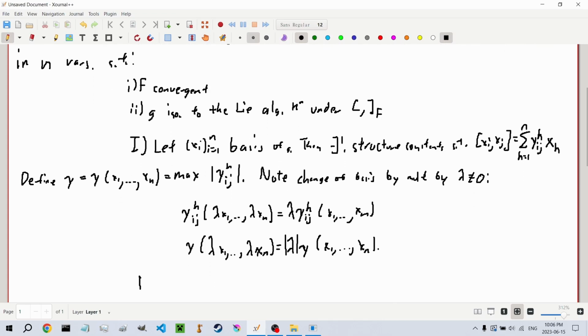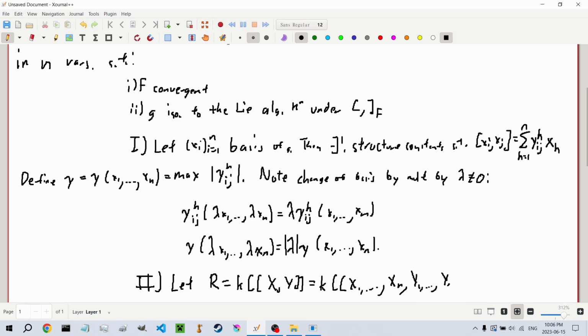Alright, step 2. Let R be the formal power series ring of K over x and y, where we can split x and y into x1 through xn and y1 through yn. And we let E be R to the n.